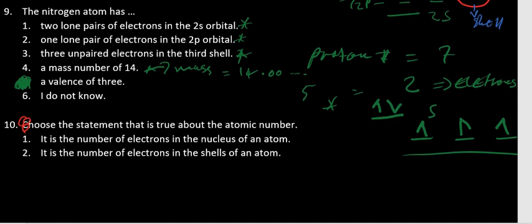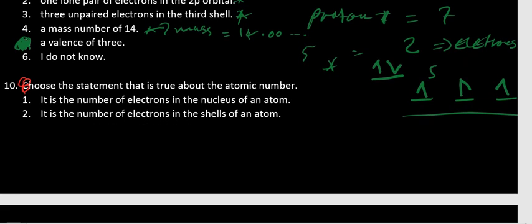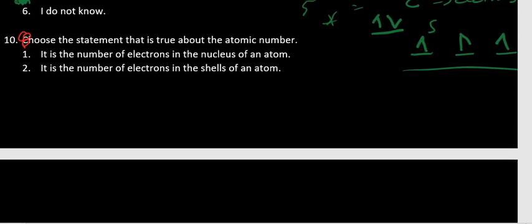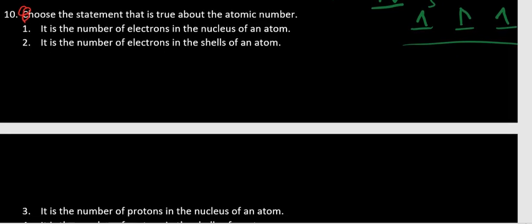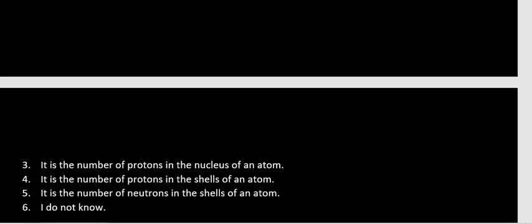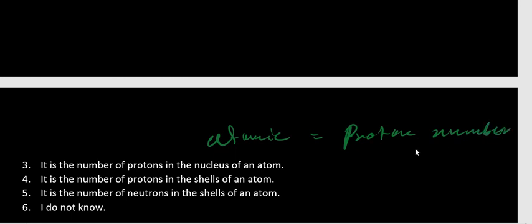Let me quickly go down. Choose the correct statement. True statement about the atomic number. It's the number of electrons in the nucleus of an atom. It is the number of electrons. No. So valence, is it valence number? Atomic number. When you talk of atomic number, it's simply equal to proton number.